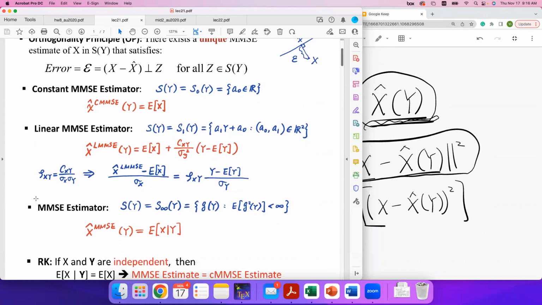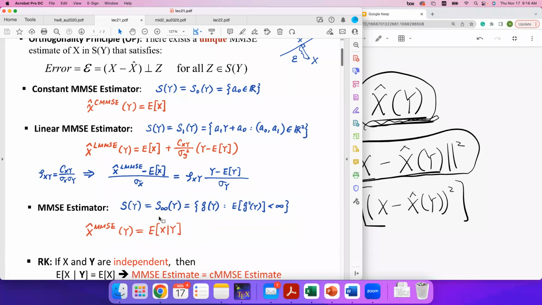And in the most general case, we look at the MMSE estimator, where there's no constraint on the estimator class. In this case, the best estimator turns out to be the conditional expectation of x given y.